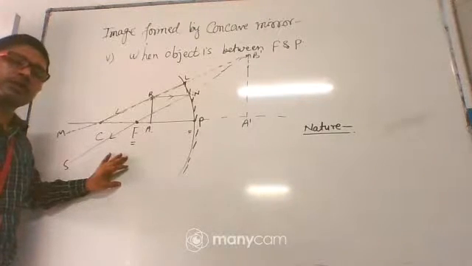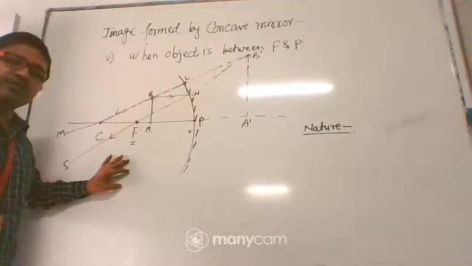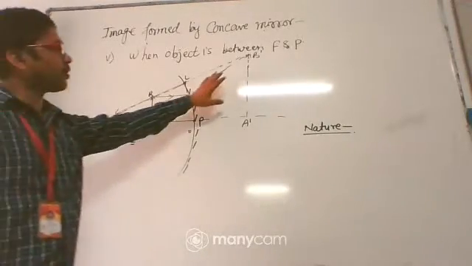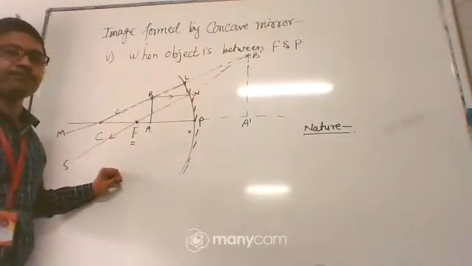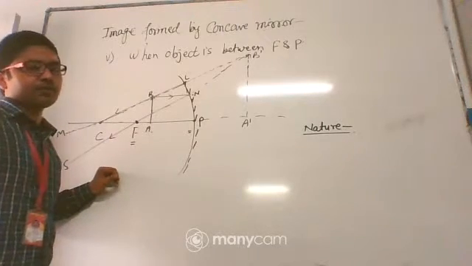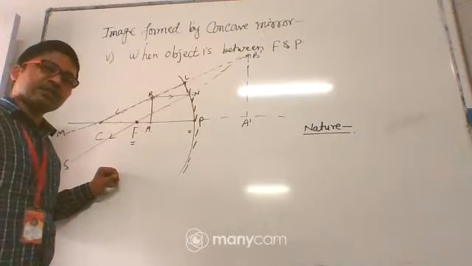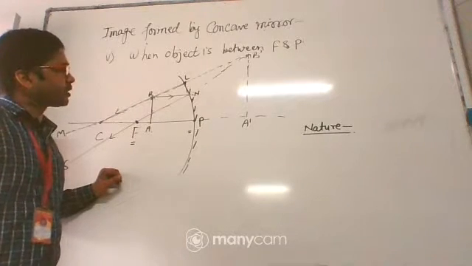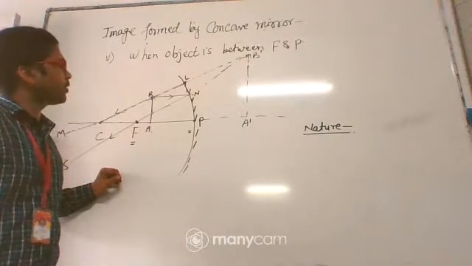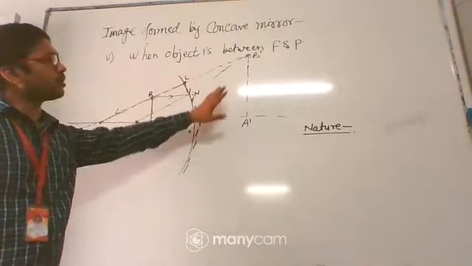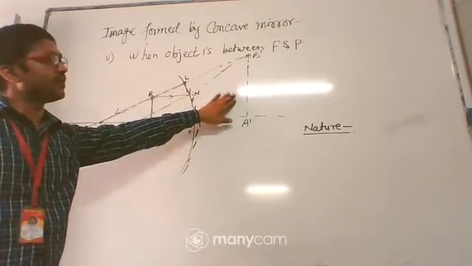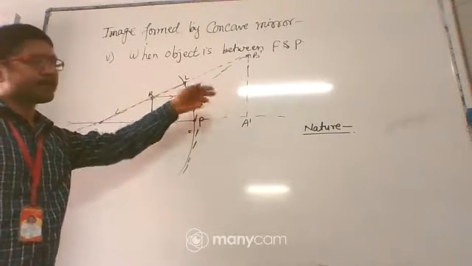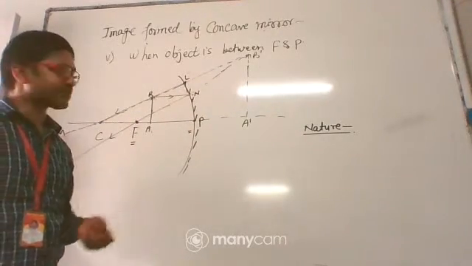No, it is not correct. Human beings can see virtual as well as real images. In reality, we can see both types of images, whether it is virtual or real. But the most important point is you cannot make a virtual image on a screen. It will not appear on a screen, but real images will appear on the screen.